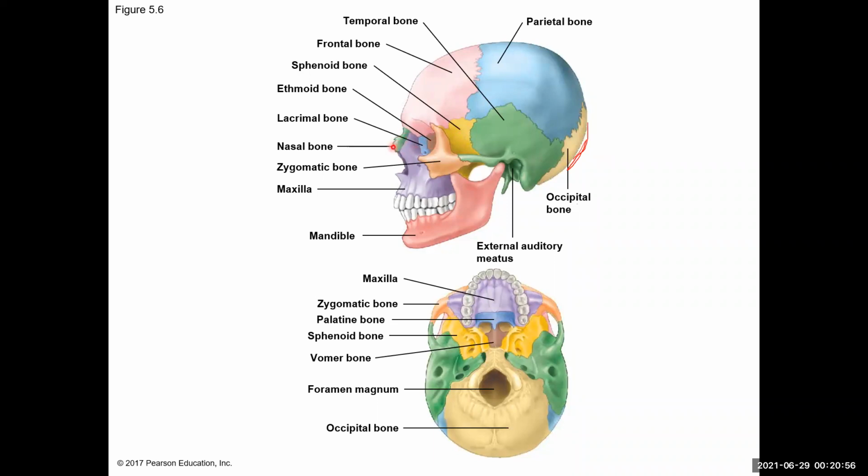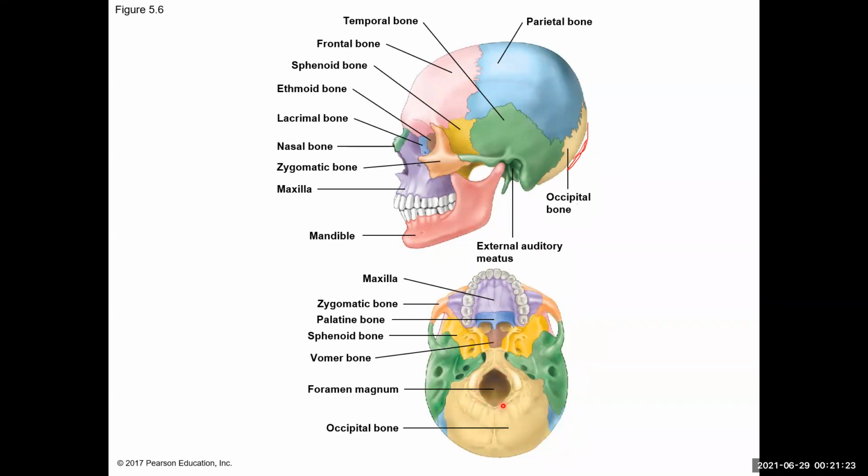You have your nasal bone, you have the maxilla, which is the purple, and then you have your mandible. And then if we flip the skull upside down and remove the mandible, this is what it looks like. The occipital bone wraps around and goes all the way underneath and articulates with the sphenoid bone.